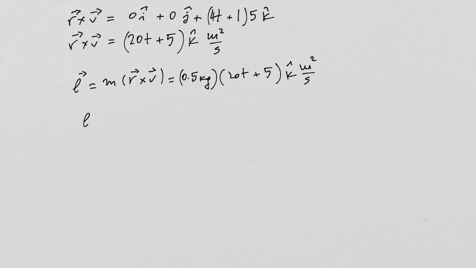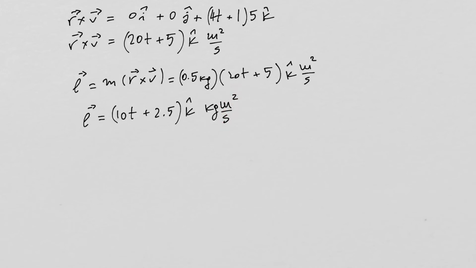The final result is that the angular momentum as a vector is equal to (10t plus 2.5) k hat. I must correct, the units here will be kilograms meters squared per second, not meters squared per second squared.